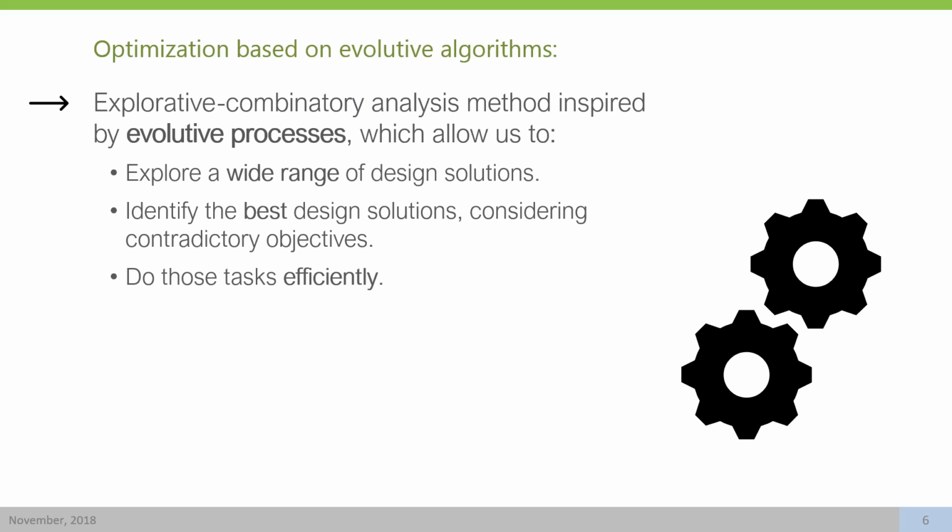In general, it can be described as an explorative combinatory analysis method inspired by natural evolutive processes, which allows us, for example, to explore a wide range of possible design solutions, even millions of those, to identify the best design solutions, considering even contradictory performance objectives such as energy consumption and construction costs, and to do those tasks in a much more efficient manner than with other analysis methods.